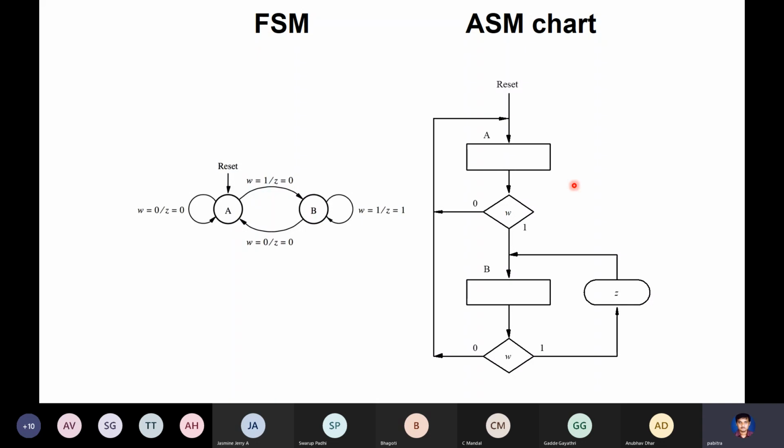So how do you design the data path? What's the data path and control path for this ASM? Anybody? How do you draw the data path and control path? What are the components of the data path? Let me try to draw.